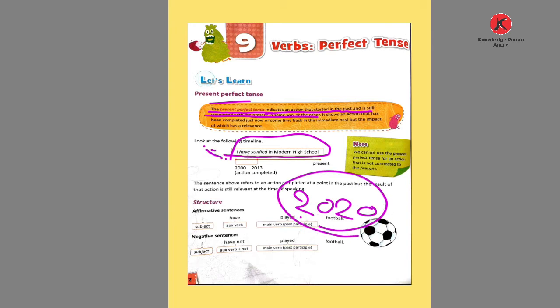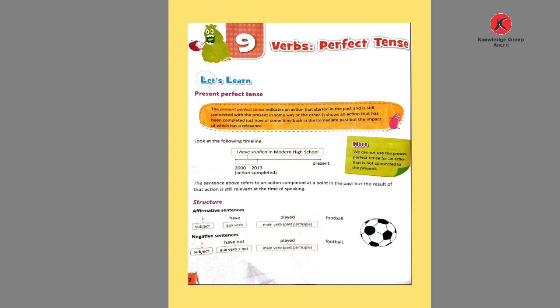But he already completed his education. So, have studied, in 2000 to 2013, the action completed. But the impact of that action is still going on. So we use it when the action is still relevant at the time of speaking.